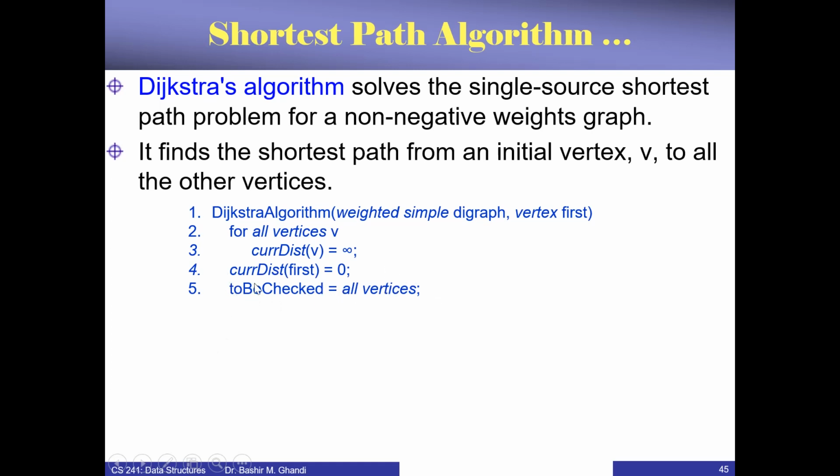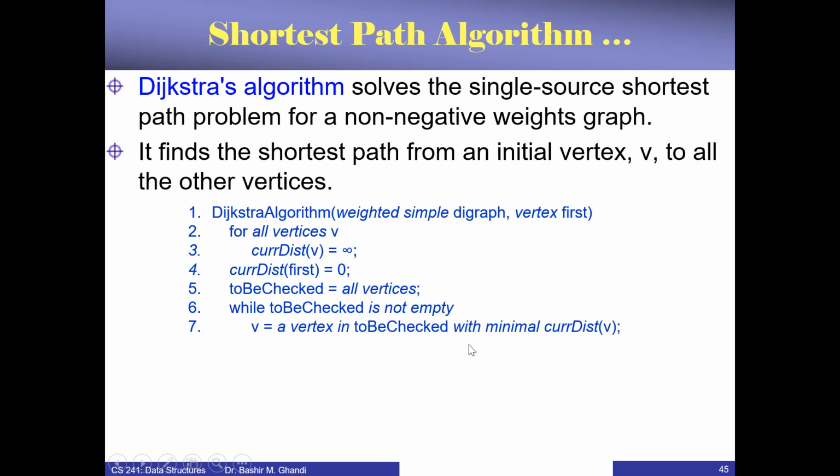We have not checked any, so you put them all in a set called to be checked. Then you repeat the following loop for as long as there is a vertex to be checked, a vertex in this set that has not yet been done.